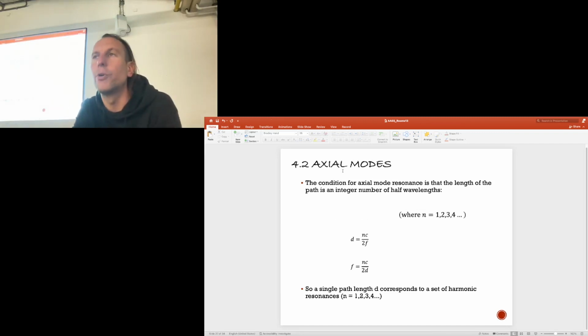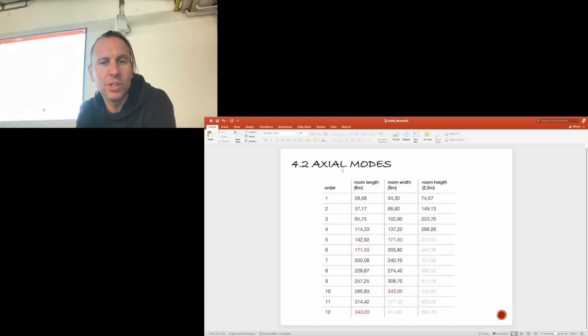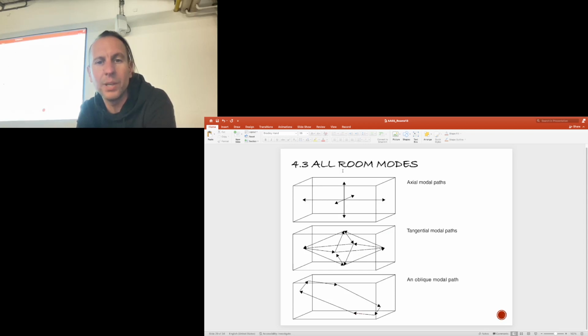The terms that are important are axial modes. So axial modes of the room are the ones that involve two opposite walls. Okay? You can calculate these frequencies. Here is an example. You will see these in a bit.